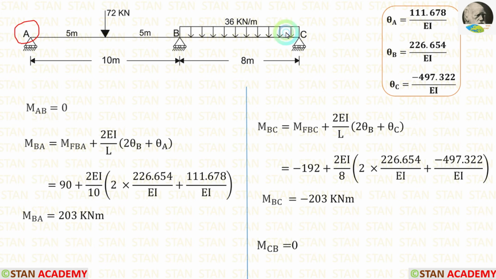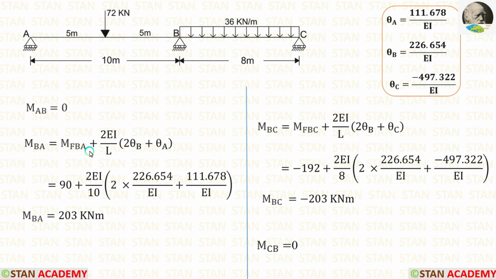At the point A and at the point C, there will be no moment because they are the simply supported ends. So MAB is equal to 0 and MCB is equal to 0. For them, there is no need to make the slope deflection equations and waste the time. Only make the slope deflection equations for MBA and MBC.